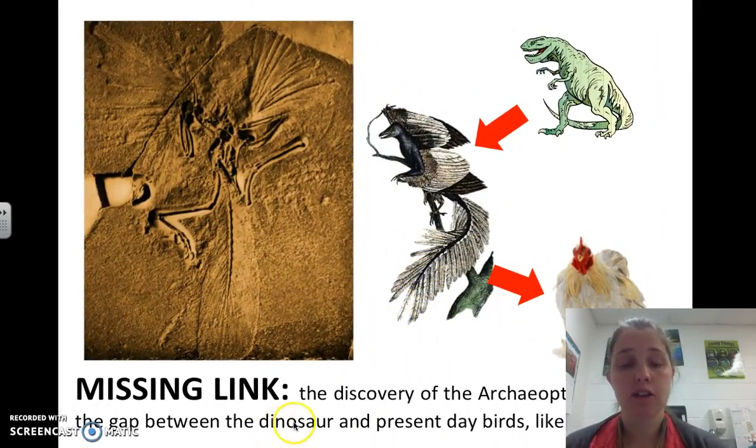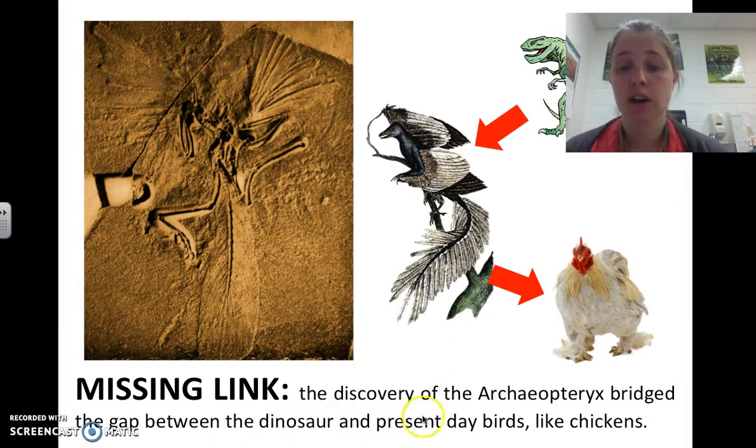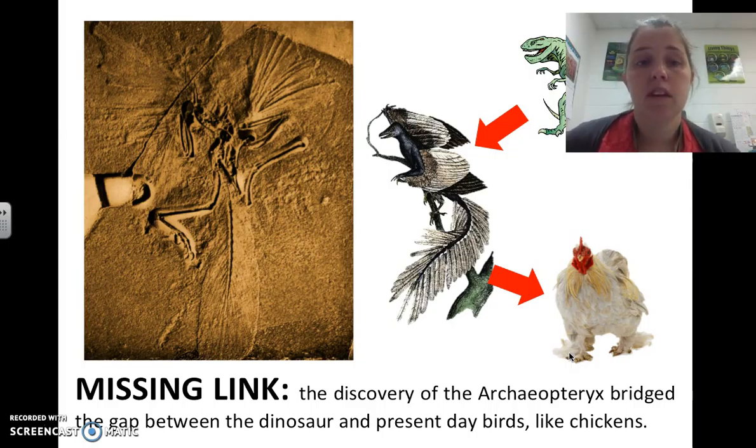All right, here's another example of a missing link. So the discovery of Archaeopteryx bridged the gap between the dinosaur and present-day birds, kind of like chickens. So we knew that dinosaurs existed based on fossils. We know that chickens exist because they still exist, but we weren't able to come to a conclusion that they were actually related pretty closely until we found this missing link, this Archaeopteryx.